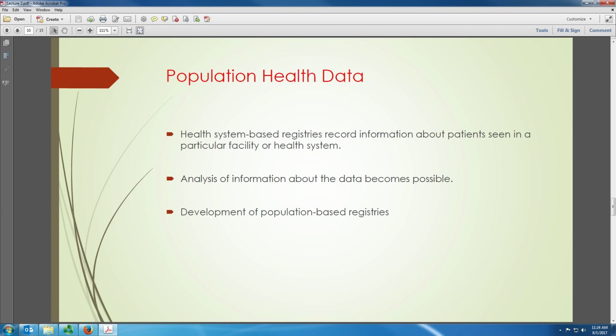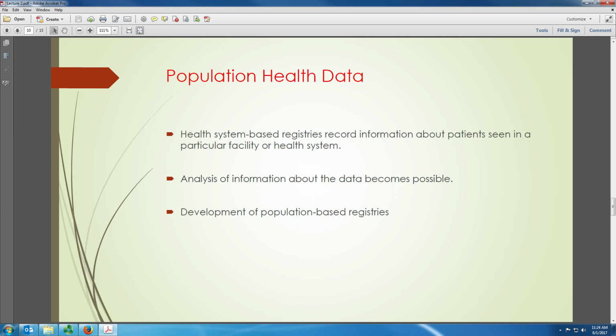Then we have the bigger animal here, population health data. We are not talking about an individual data as we have seen in the previous cases. We're now talking about the population health data. Health system-based registries record information about patients seen in a particular facility or health system. What that tells you is, this is an area of the city where people are infected by Ebola virus.